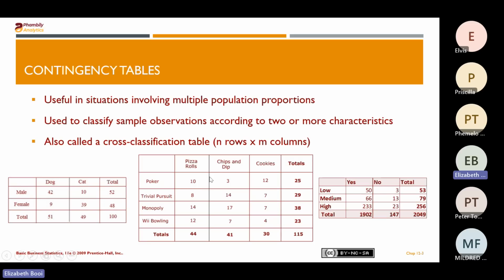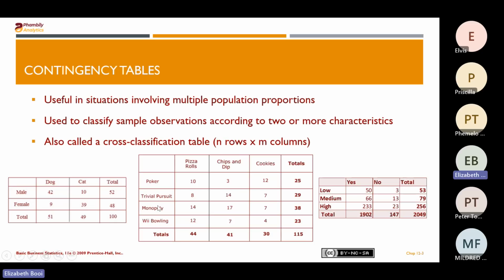Here they might say the games you like to play at night. These are the types of games, and the type of food that people prefer to eat while playing these games, and those are the columns. On this contingency table, we have the types of games: 1, 2, 3, 4.